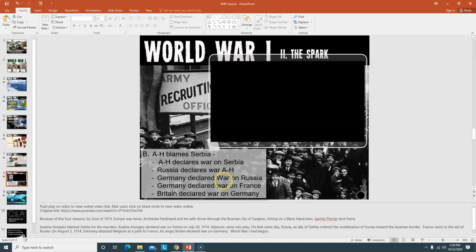Germany declares war on Russia. So Germany and Austria-Hungary are allies. Germany declares war also on France because, again, there's that long-standing tension between Germany and France and Great Britain. And because Germany declares war on France, Britain comes in and declares war on Germany.